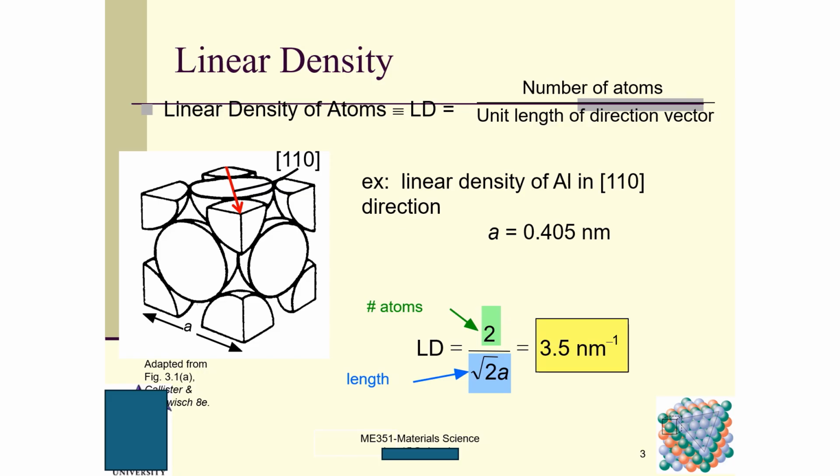Any questions regarding this? This is very, very important. We are talking about linear density. We are not talking about the volume density. We only focus on the atoms in this direction on this plane.